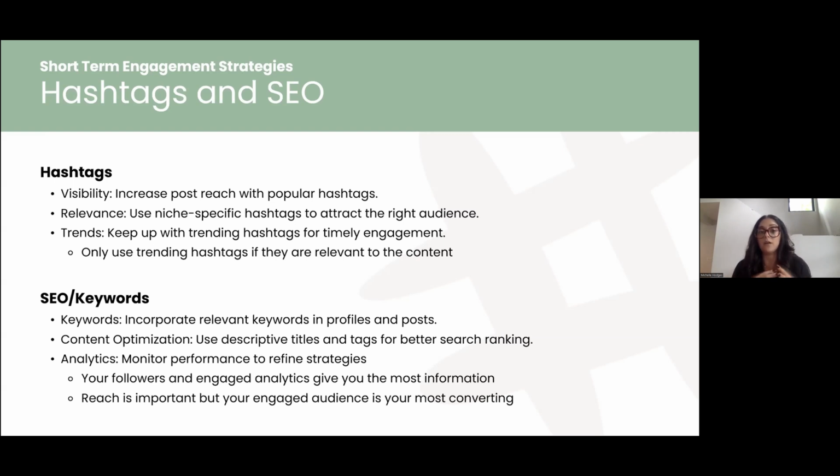SEO and keywords are just how you incorporate keywords in your captions and your hashtags and your video content. All of those things rank on Google when people are looking for it. So if you're not including keywords in your captions, people aren't finding you.